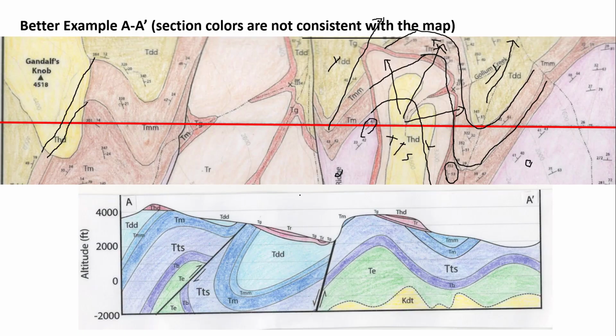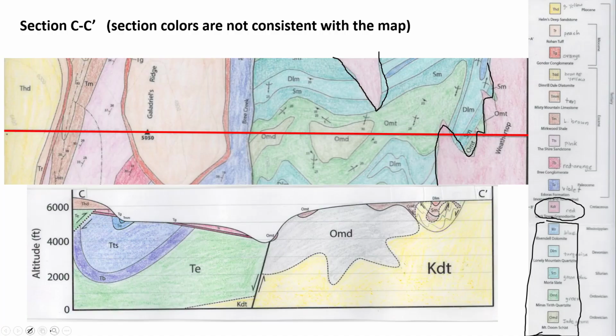So if you go back to the cross-section, as you see, OMD, OMT, SM, and DLM are exposed along the cross-section.